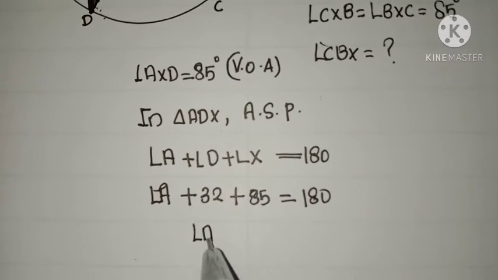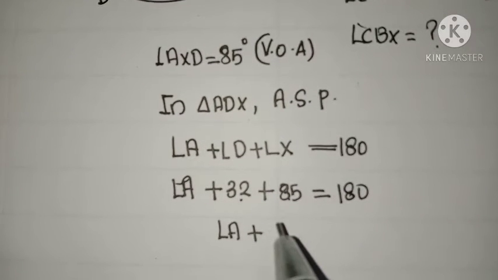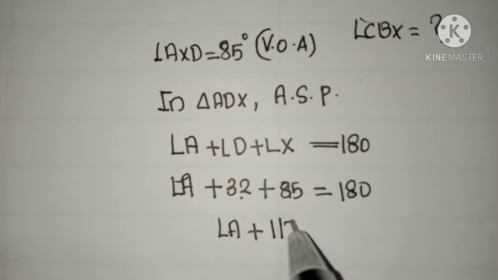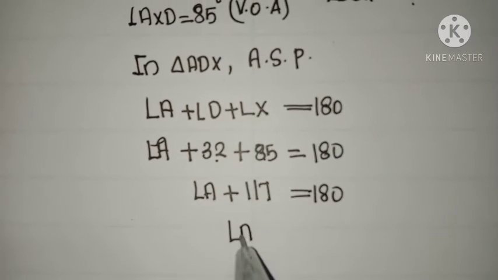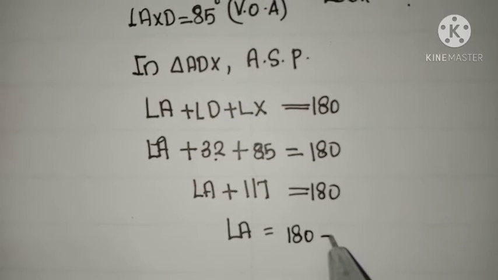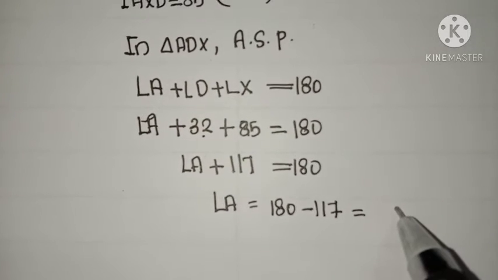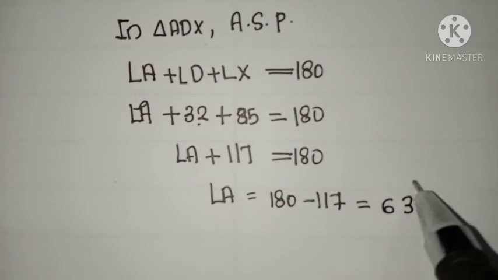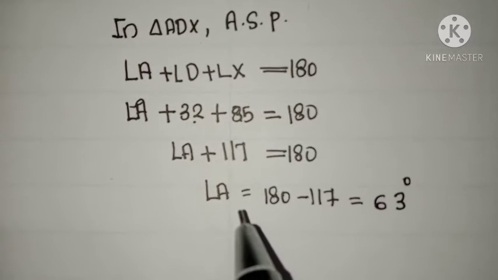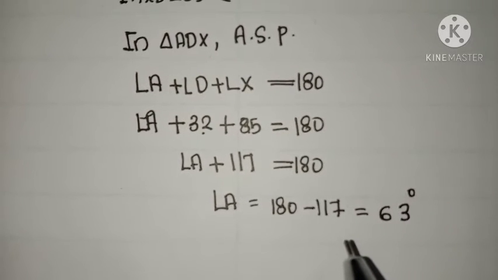So angle A plus 32 plus 85, 32 plus 85 is 117, equal to 180. So angle A is equal to 180 minus 117, which is 63 degrees. So angle A is equal to 63 degrees.